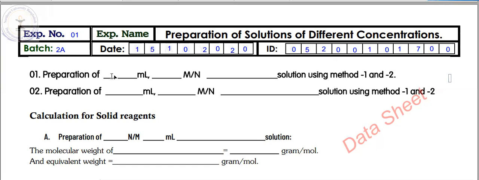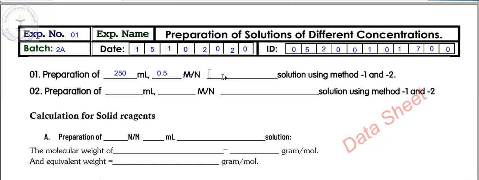Okay, now suppose you have been asked to prepare 250 ml 0.5 normal sodium hydroxide solution. Then you have to pen through this molarity.